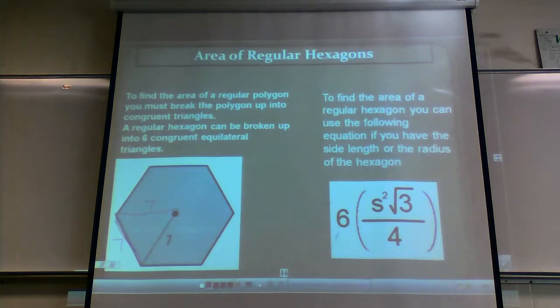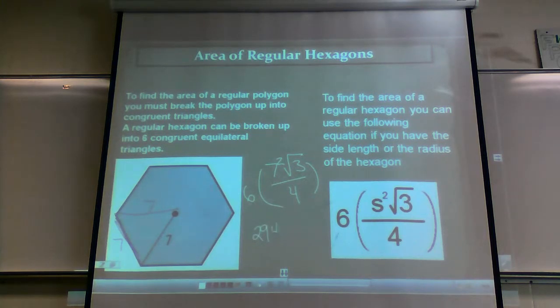So all I would have to do is say, okay, I've got the S. So I can just do 7 squared, square root of 3 over 4, and then whatever that is multiplied by 6. And when you multiply 6, that goes to the numerator. 6 is 6 over 1, and when you multiply fractions, you multiply numerators together and denominators together. So what's 7 squared? 49. What's 6 times 49?